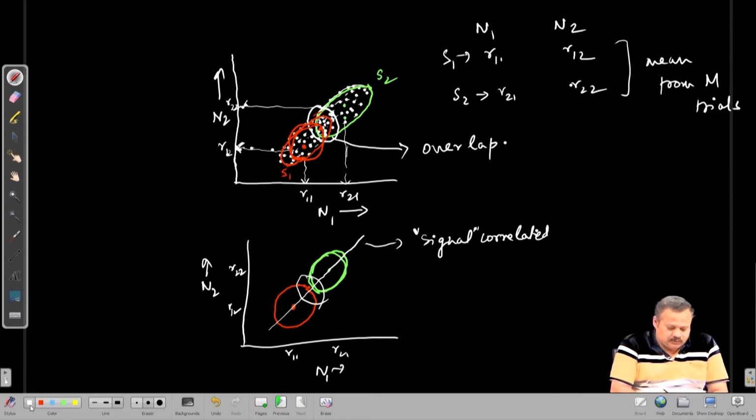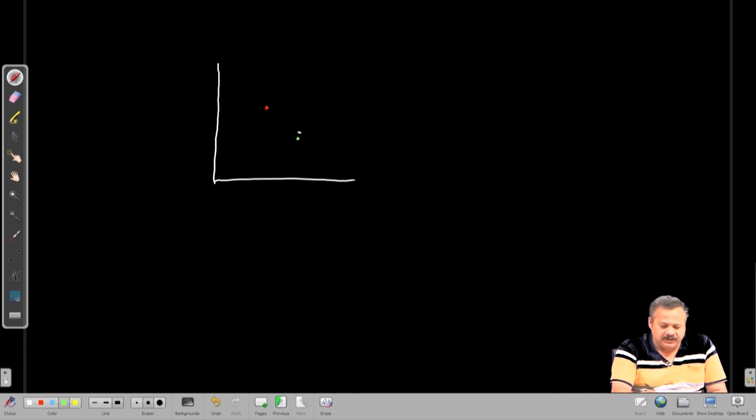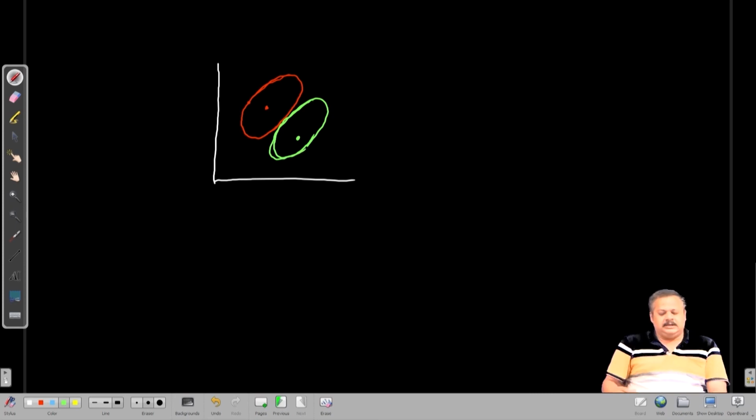Now if you go to the other scenario, let us say our S1 was here and our S2 response mean is here, and now the spread of responses around the first stimulus and around the second stimulus is like so, which means that now we have a negative signal correlation.